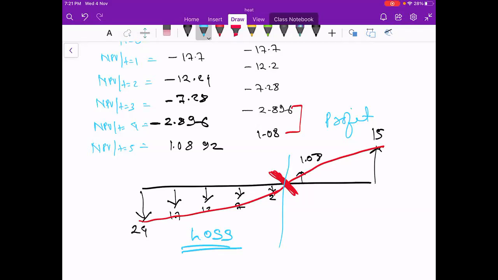Everyone is now comfortable? Everyone is comfortable?